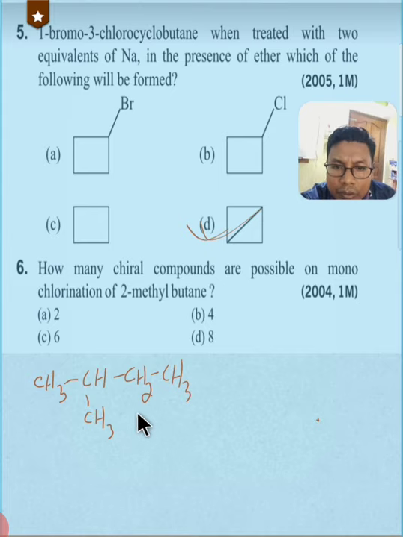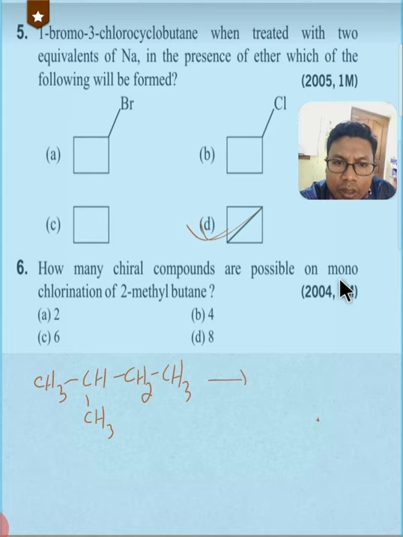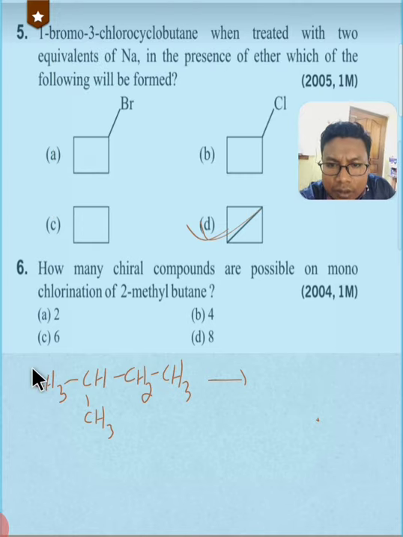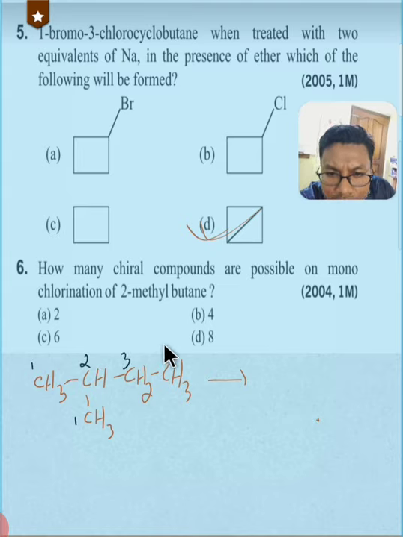This is 2-methyl-butane, and the question is, how many chiral compounds are possible on monochlorination of 2-methyl-butane? Now these 2 carbon atoms are same. Let me change the color. These 2 carbon atoms are same. This is a different carbon atom, this is a different carbon atom, and this is also a different carbon atom.